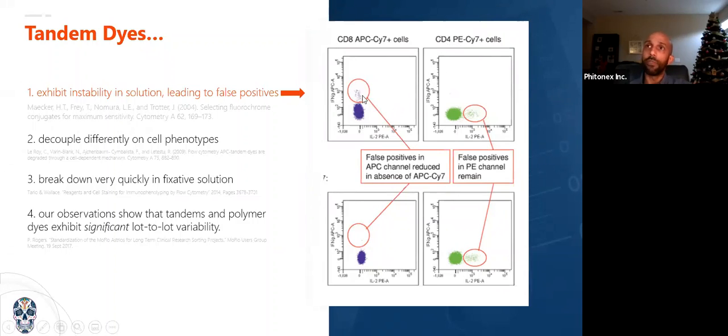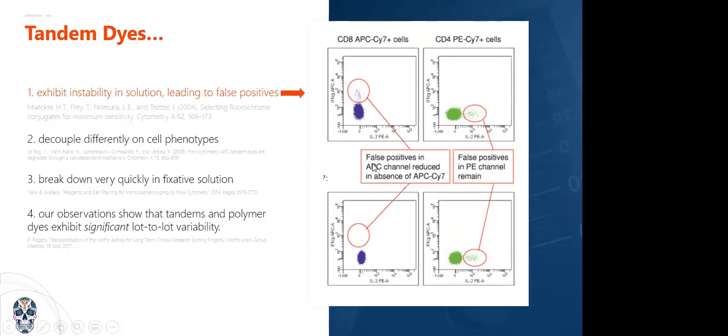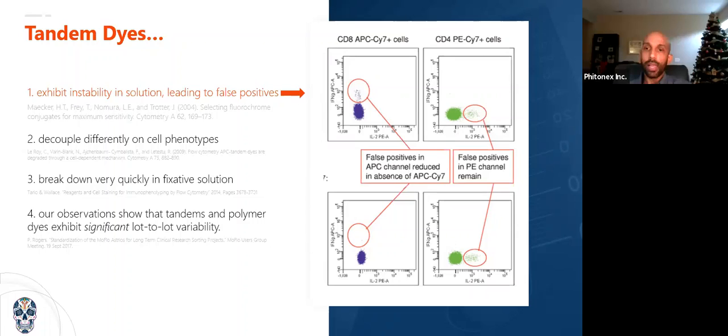And that's going to cause a false positive signal in the APC detector and a false positive signal in the PE detector. I'm going to interrupt you real quick. I think it might be helpful to explain why we would say they're not tandem dyes if there's a donor molecule and an acceptor. So part of that is, yeah, go ahead. It's basically down to the actual Phyton structure.